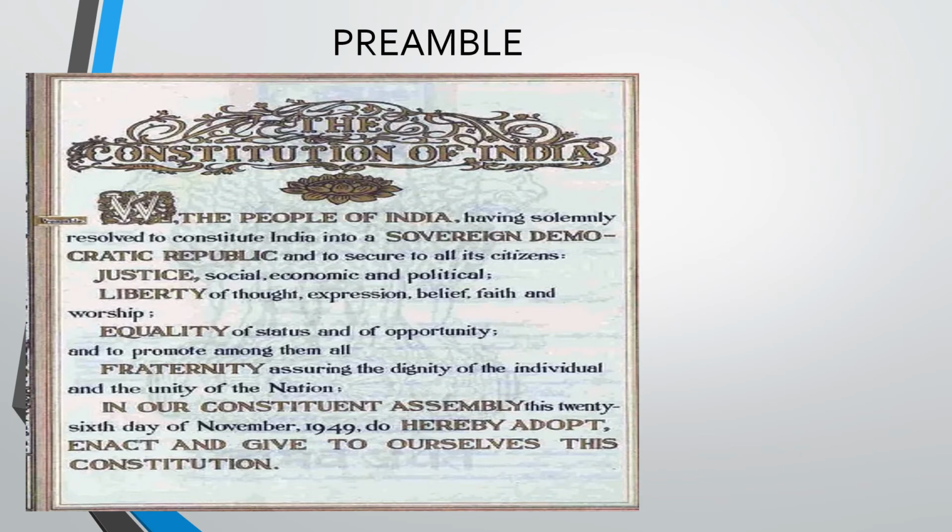The people of India, having solemnly resolved to constitute India into a sovereign democratic republic and to secure to all its citizens justice, social, economic, and political, liberty of thought, expression, belief, faith, and worship, equality of status and of opportunity, and to promote among them all fraternity, assuring the dignity of the individual and the unity of the nation.